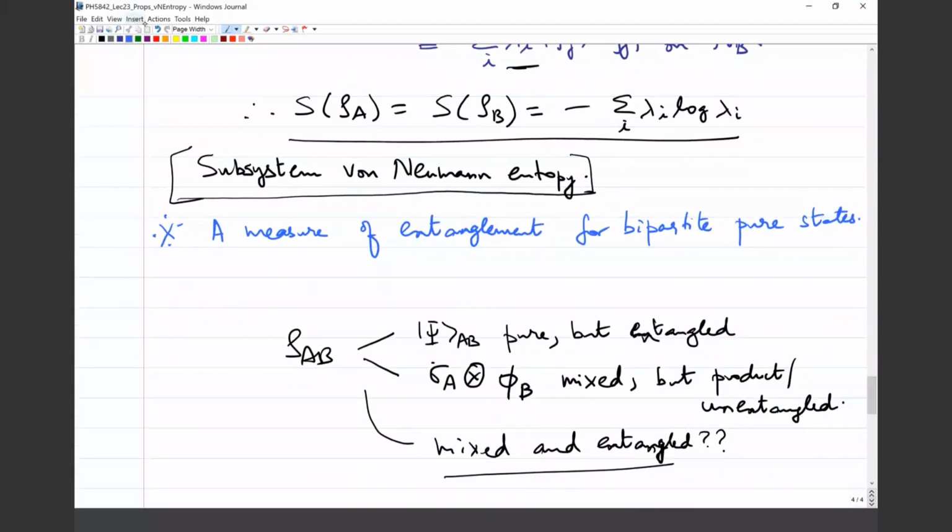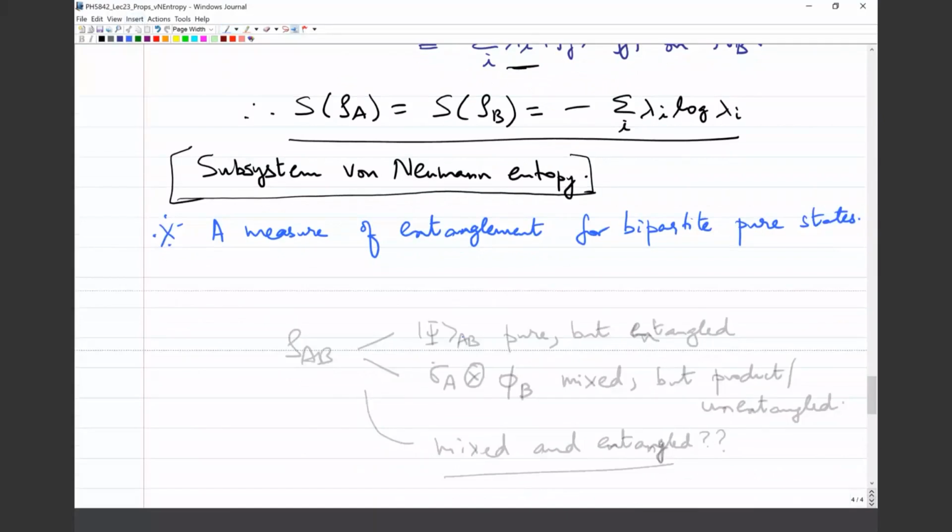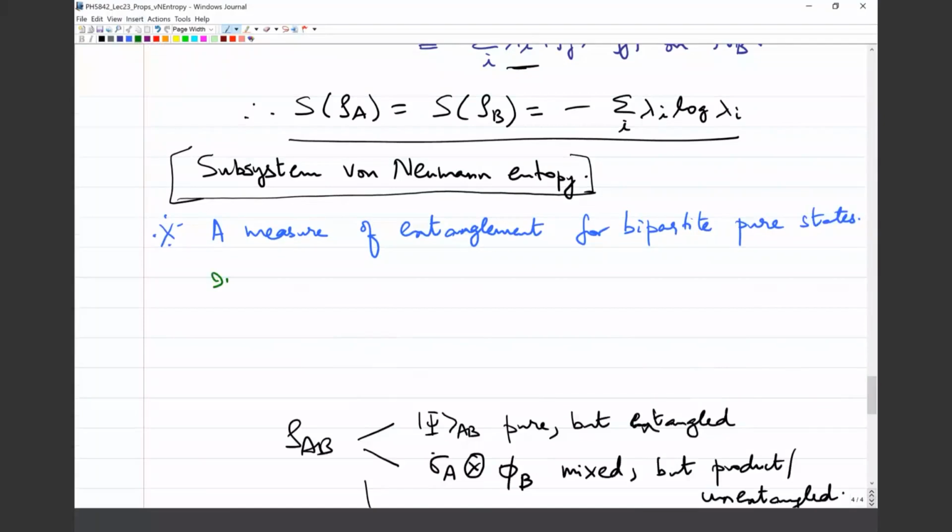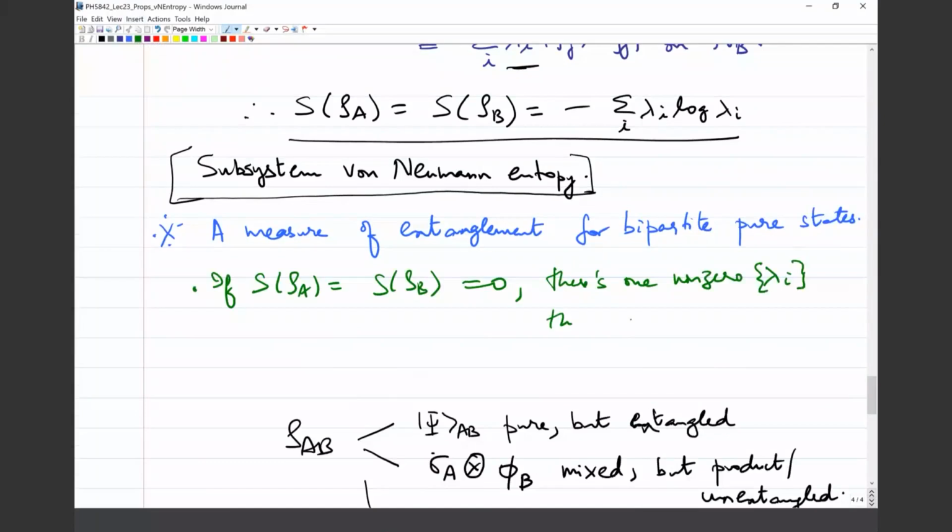And that goes back to the Schmidt form, because if S of rho A is equal to S of rho B is equal to 0, then it means that there is only one non-zero lambda. That's the only case where you get zero entropy, which means there is only one term in the Schmidt decomposition, which in turn means that this is a product state.